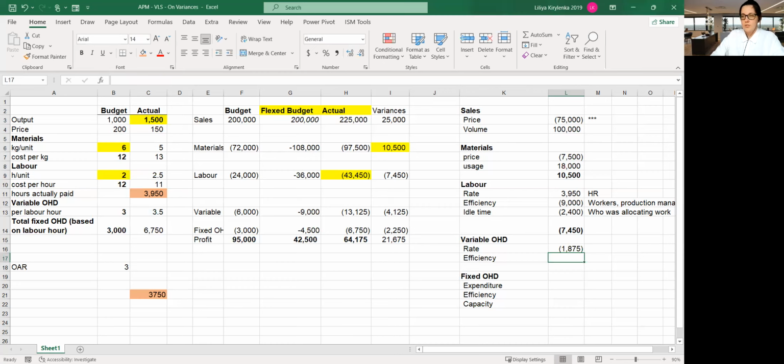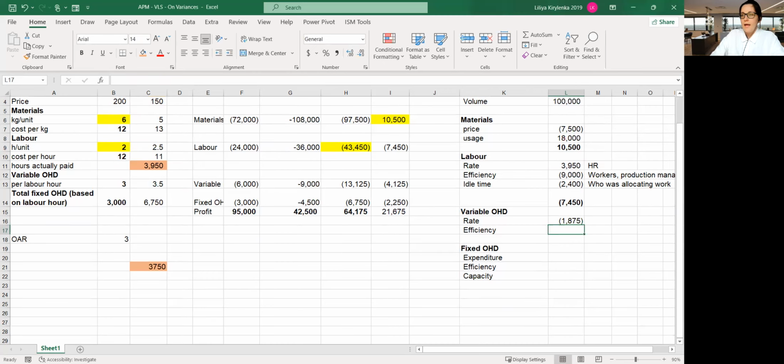And as for efficiency, well, we will need to find out how much labor worked compared to what we thought they're going to work. And the question would be whether we take 3950 or we take 3750. Well, efficiency means how well they worked, not how well the person who was allocated work, who was thinking about how many employees to hire, was planning the work.